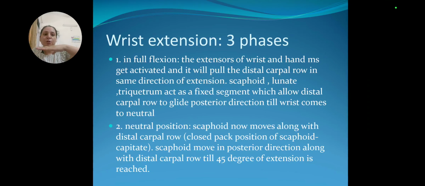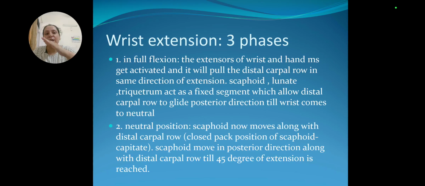Now from the neutral position, the scaphoid comes into play. The scaphoid starts moving along with the distal carpal row, and they come into a close packed position. The scaphoid also starts moving posteriorly until 45 degrees of extension is reached.